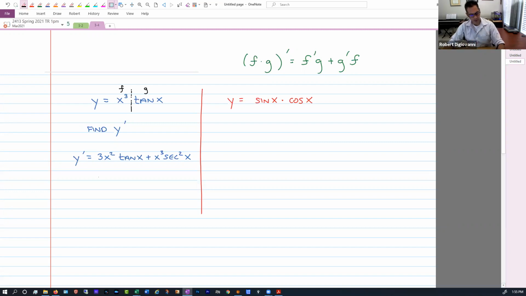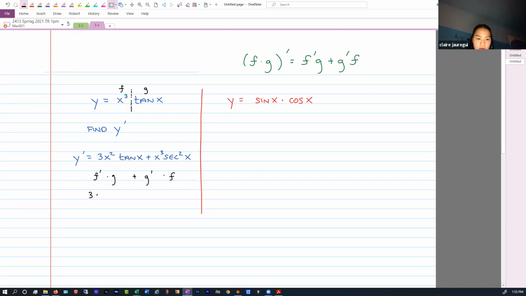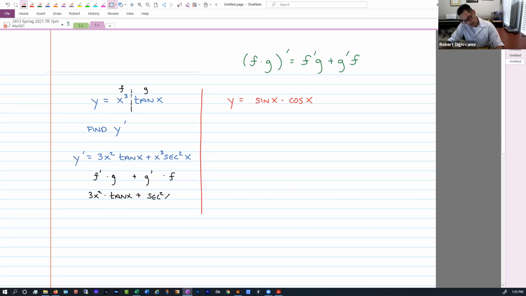So what we need is F prime times G plus G prime times F. So Claire, since you asked, what is the derivative of F? 3x squared. 3x squared, so I put that down. And then what is G? Tan x. Tan x, okay. And now plus, what's the derivative of G? Secant squared x. Good. And then times F, which is x cubed.